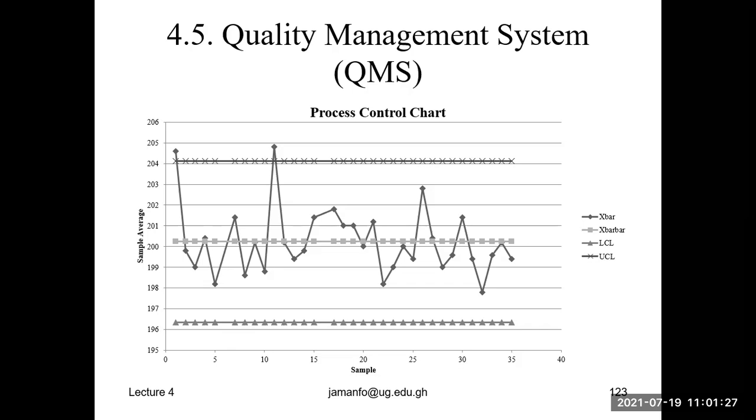Go and buy two cans of Milo and then weigh them. You might have one here, the other one here. But as long as they don't go beyond the upper and lower control limit, we accept them as being within the process, or the process being in control. So we don't need to change anything.